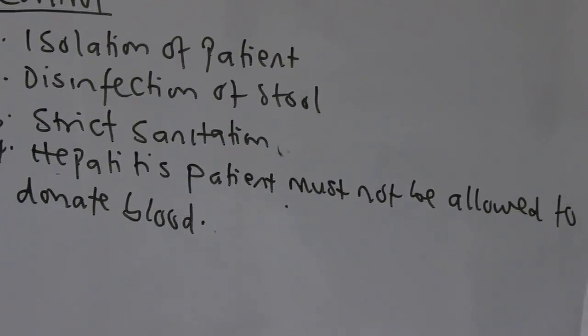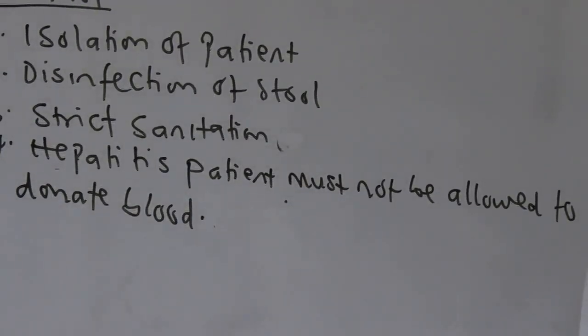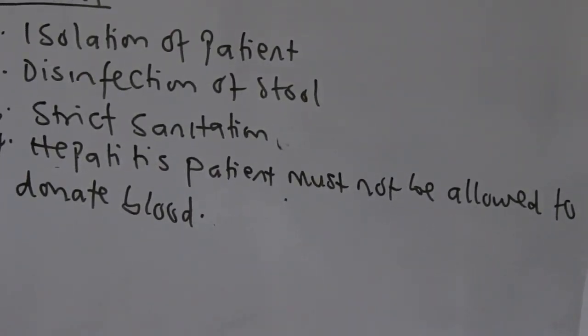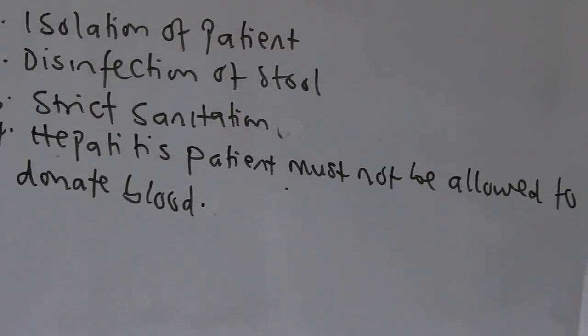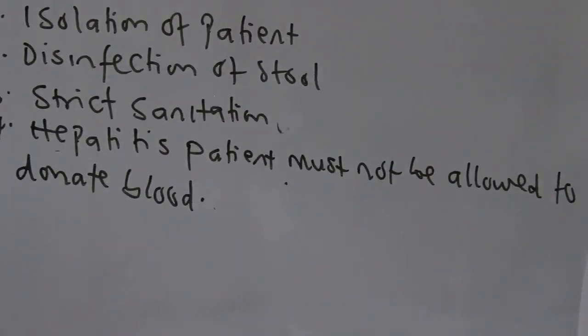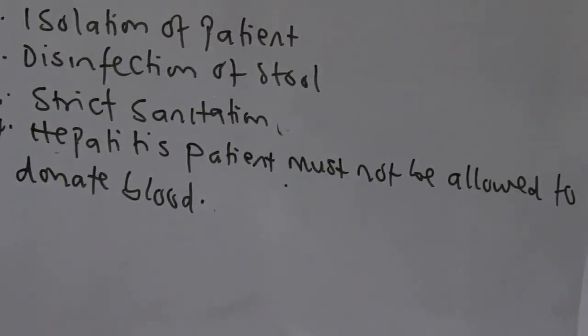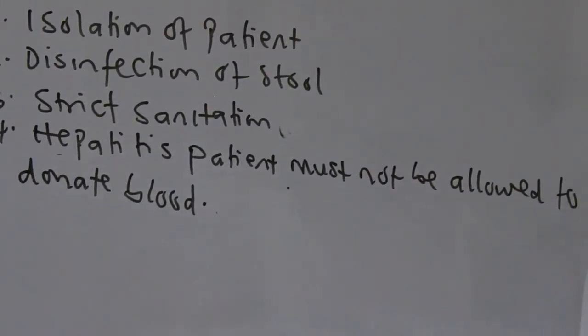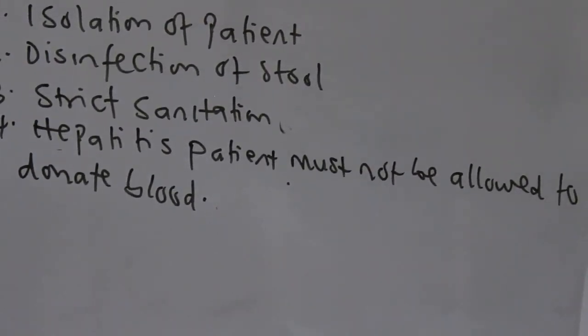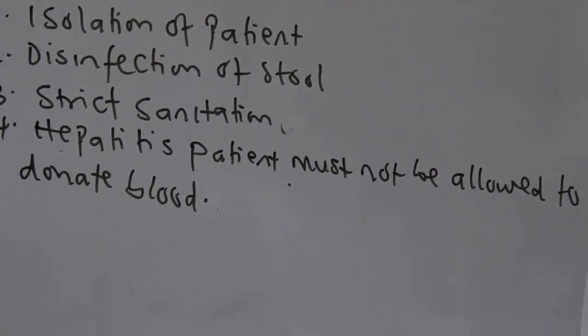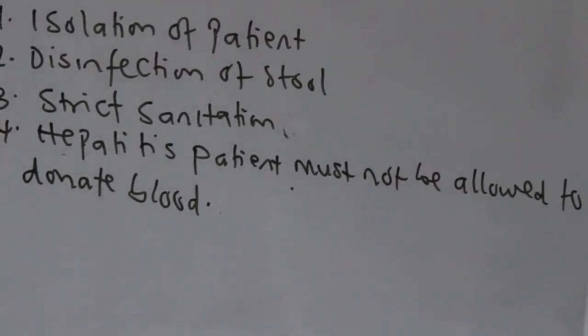Stool of the patient that has been excreted will have to be disinfected, especially in areas where we have open defecation. Then we also have strict sanitation, whereby we have to wash our hands before eating, wash our hands after eating, wash our hands after attending to the toilet, and then we have other measures of keeping our environment clean.